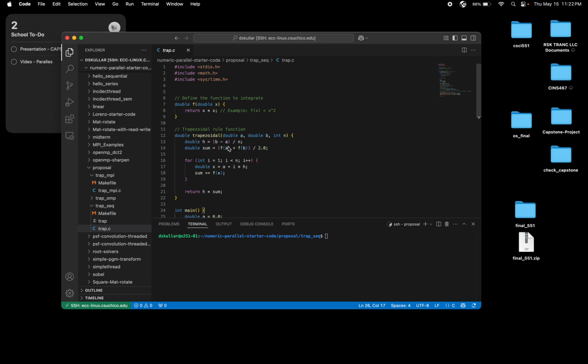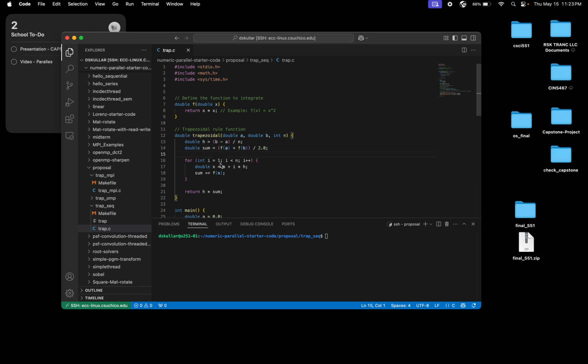The trapezoidal rule works by dividing the interval into n subintervals of width h and summing the function values at each point. This allows us to treat each as a trapezoid area under the curve.